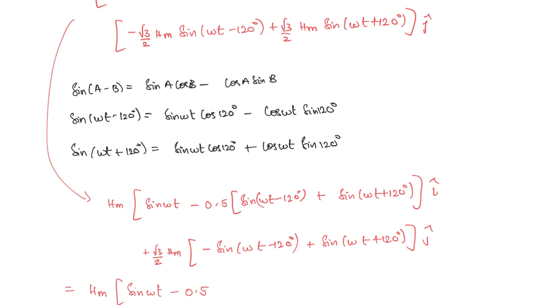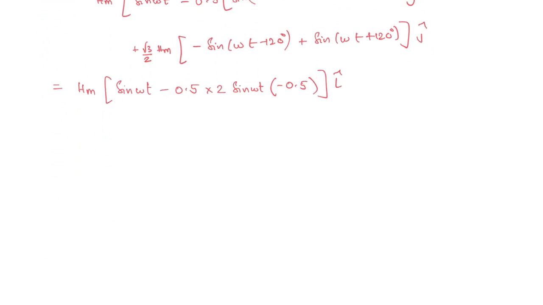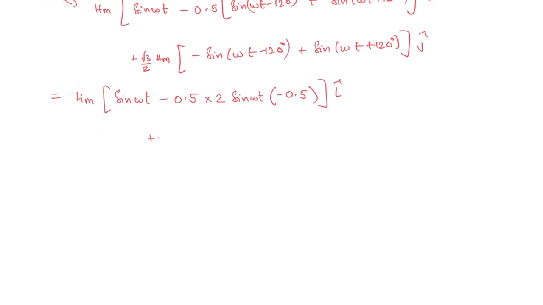So 2 times sine omega t into cos 120 degrees. Cos 120 is minus 1 by 2, so you can write minus 0.5. This is I cap. Next, what about the vertical component? You're going to have plus root 3 by 2.